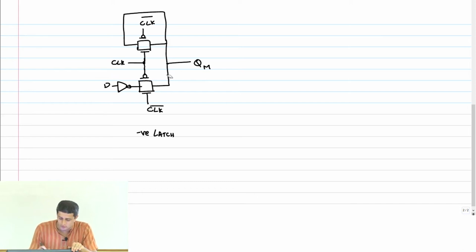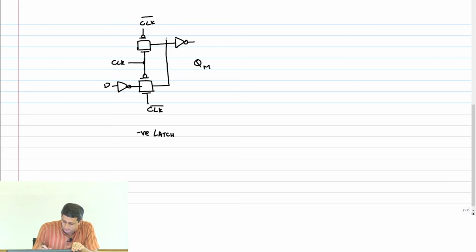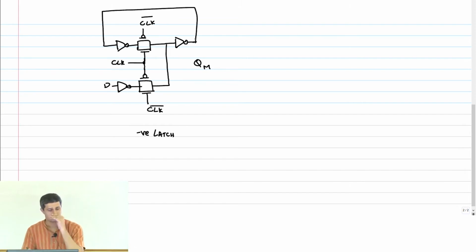So I'm going to now put inverters here. Okay, and what do I do? I said put one more inverter here. Right, and this was my QM.